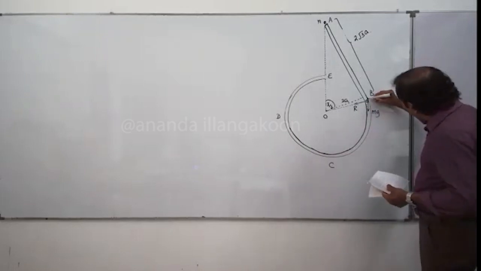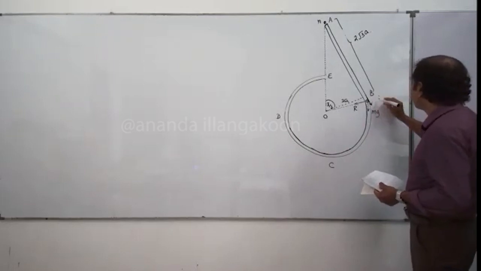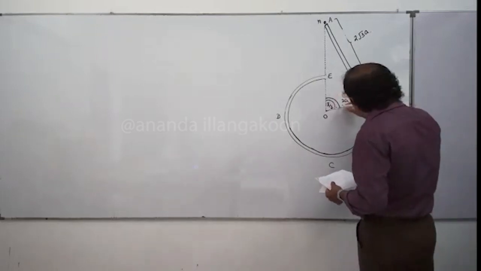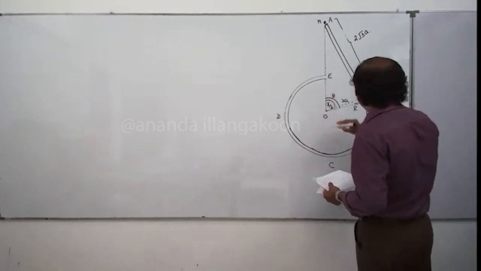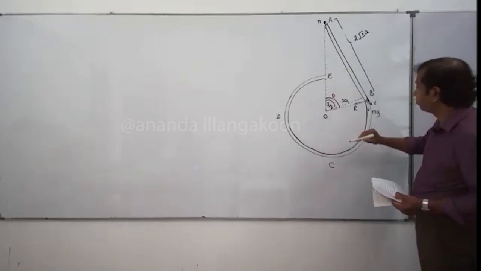Suppose at this moment the velocity of the particle along the tangential direction is v. This angle is now theta. This is vertical, and this mg is also vertical.